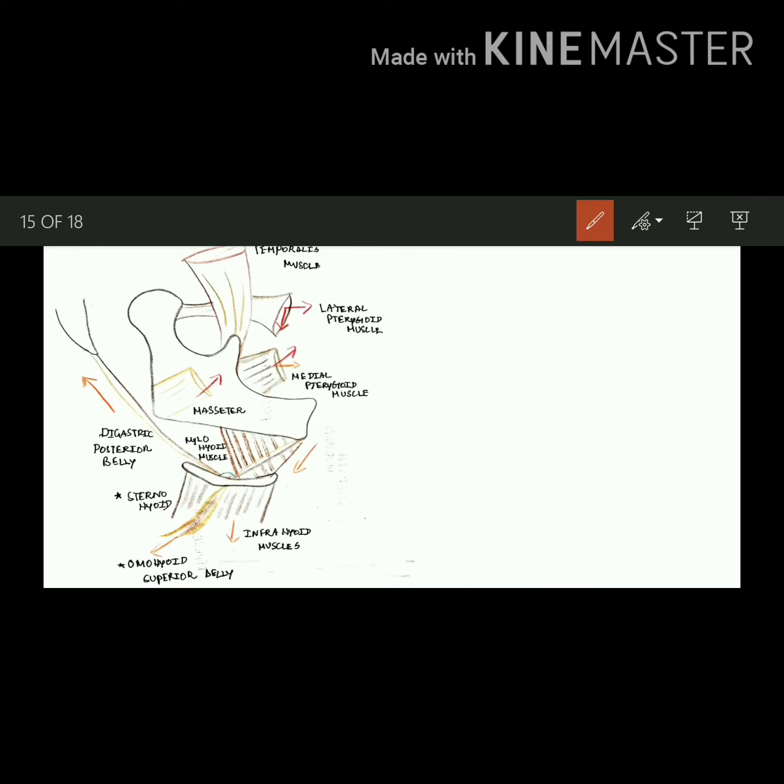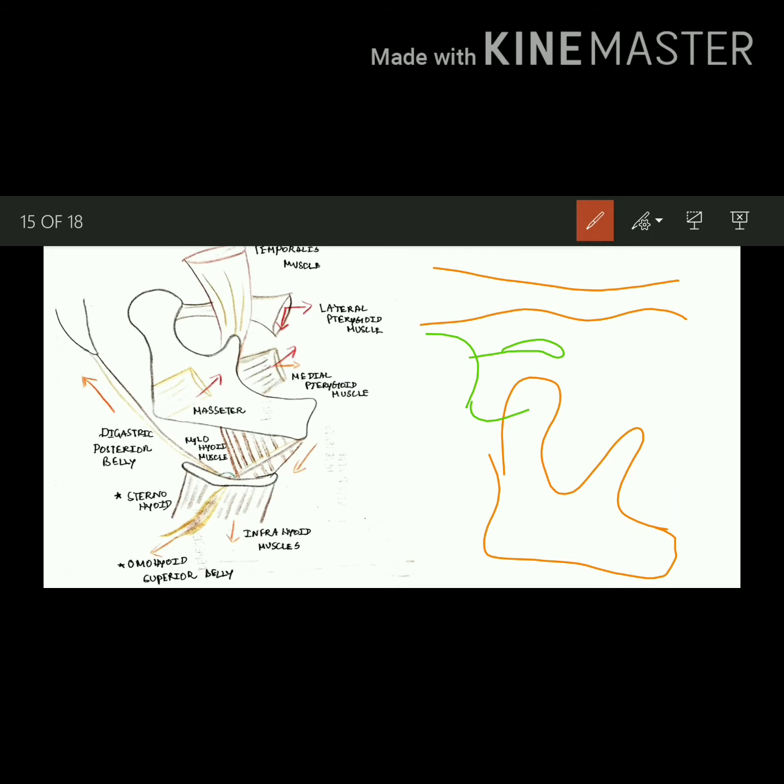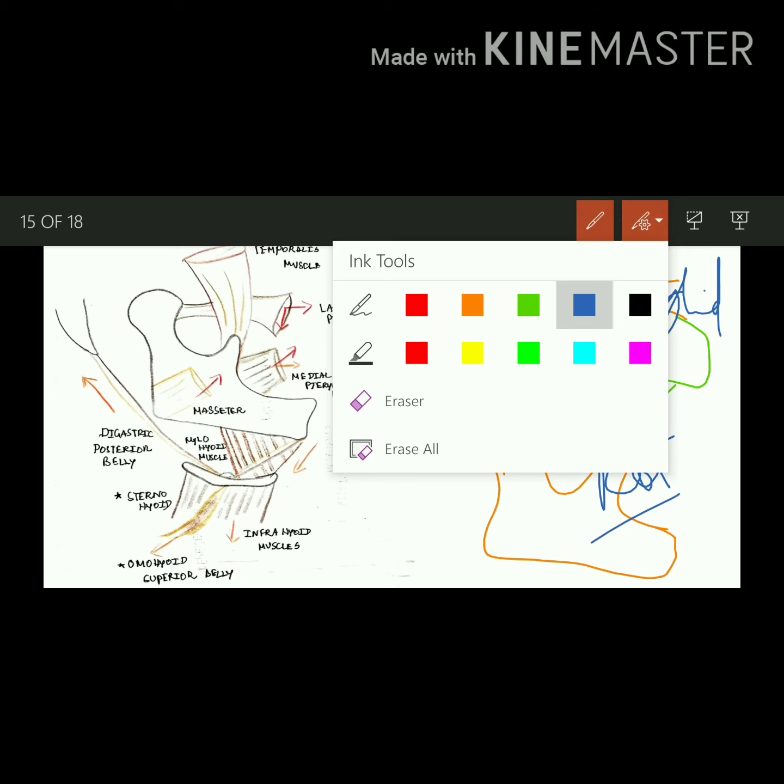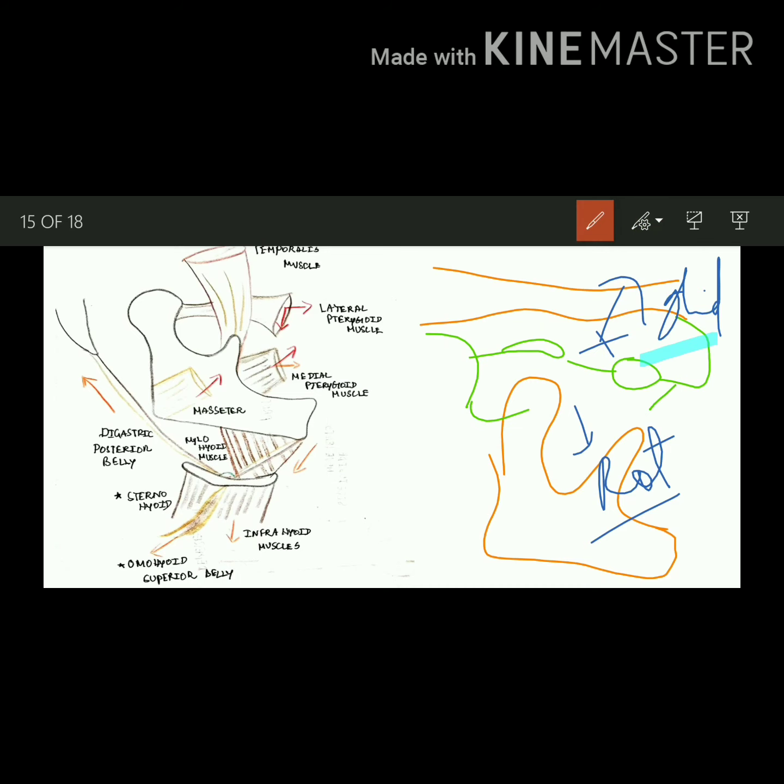Again, a thing to note here is that the joint cavity of the temporomandibular joint is itself divided into two parts, as we all know. The upper part is for gliding movements, which means protraction and retraction, and the lower part is for rotational movements, which means elevation and depression.